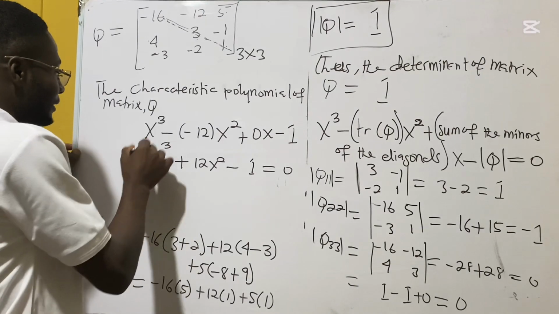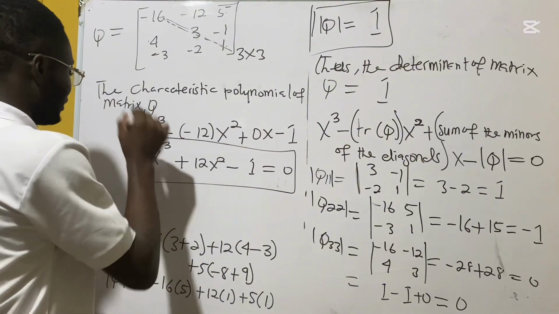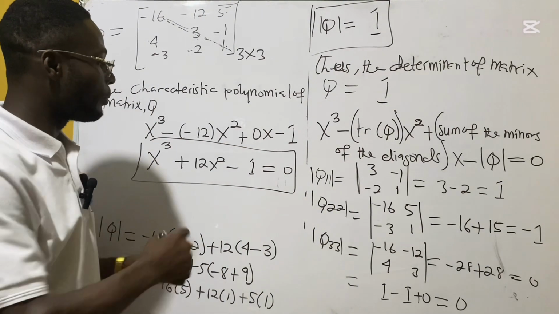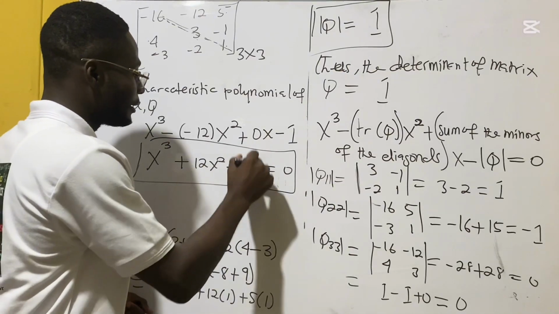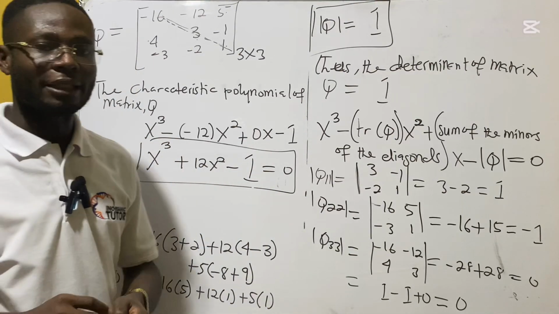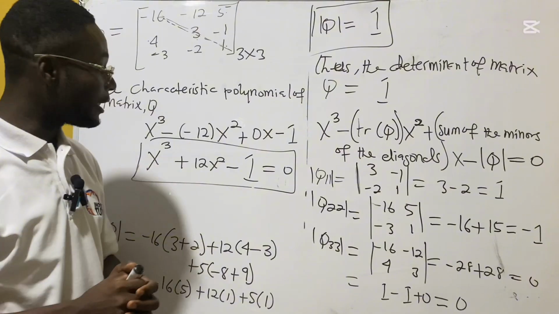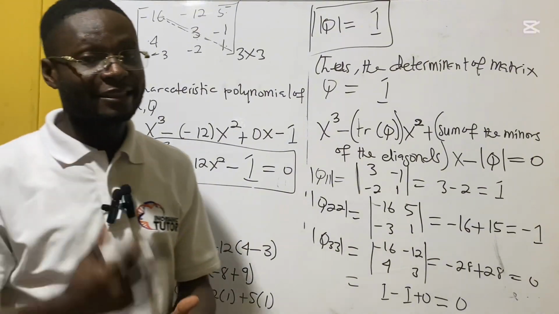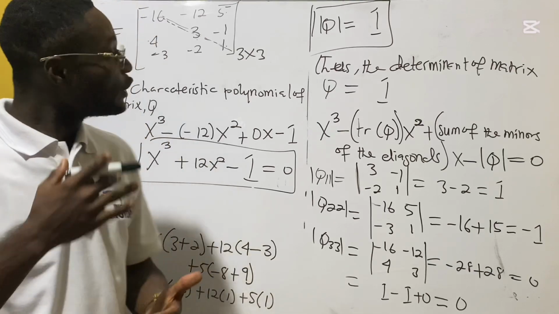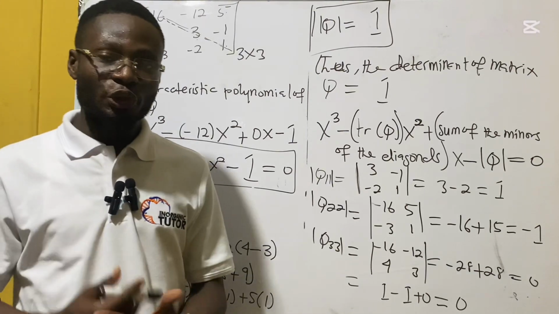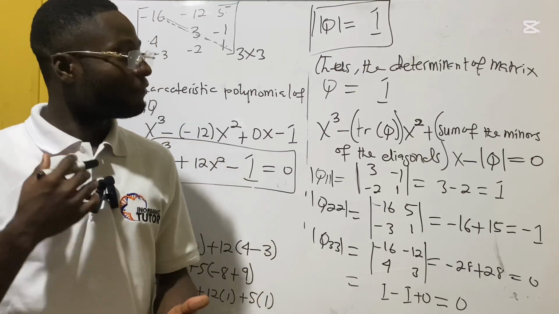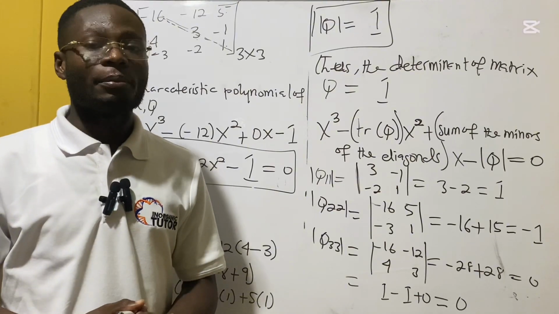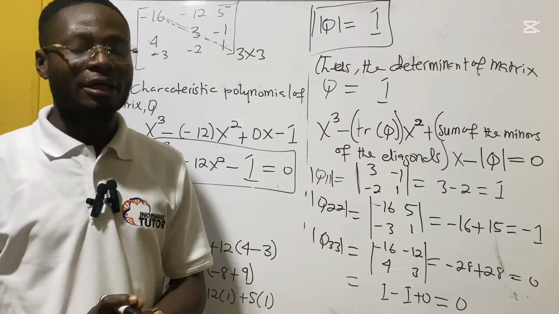So that's our characteristic polynomial: s cubed plus 12 s squared minus 1 equals 0. So ladies and gentlemen, this is the process that we go through to find the trace of a particular matrix and find the characteristic polynomial of a particular matrix.